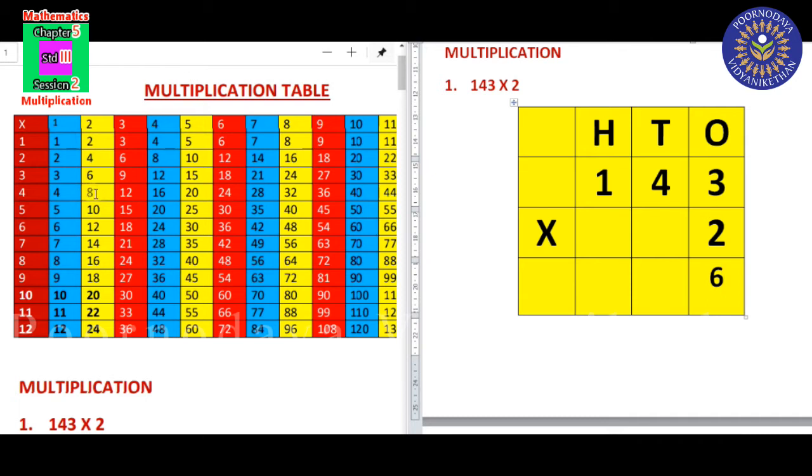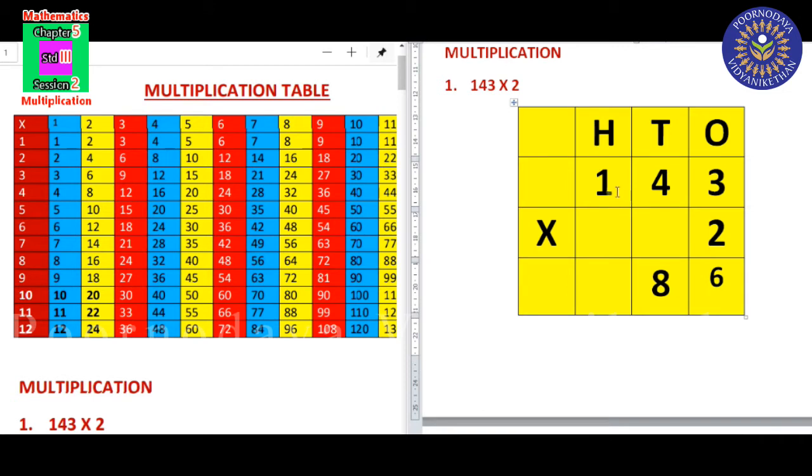Did you understand how we got the answer from the grid? That 8 you have to write in tens place. How did we get this 8? 4 2s are 8. Clear?